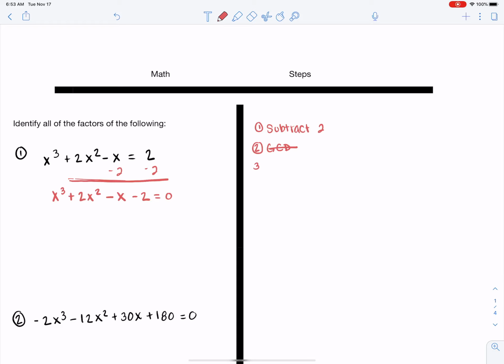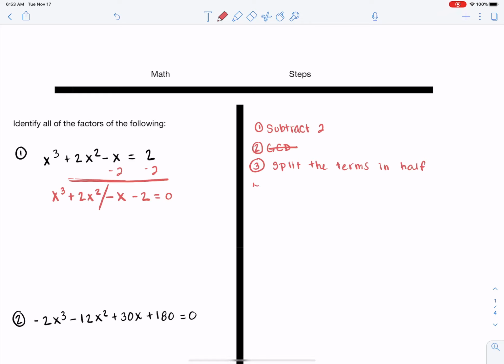Okay, step 3. We're going to split the terms in half. And here's where we do the factor by grouping, okay? Because I have 4 parts, I can factor by grouping. So I'm going to take the first 2 terms and split them apart from the second 2 terms. So I've split it in half.